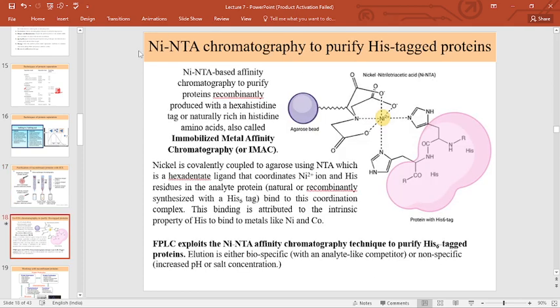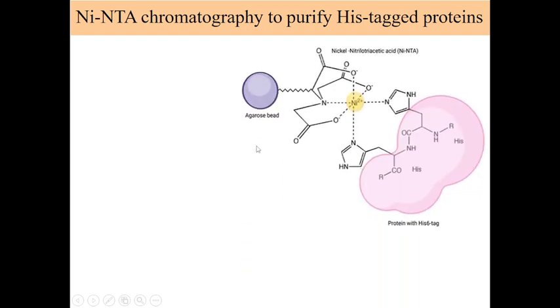Then we will look at Ni-NTA. We had studied this as well. So in Ni-NTA what happens? Nickel NTA chromatography is affinity chromatography, where to this agarose bead a chemical group called NTA, nitrilotriacetic acid, is attached, and this is chelating nickel.